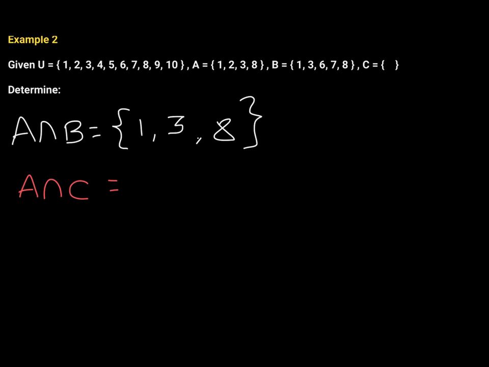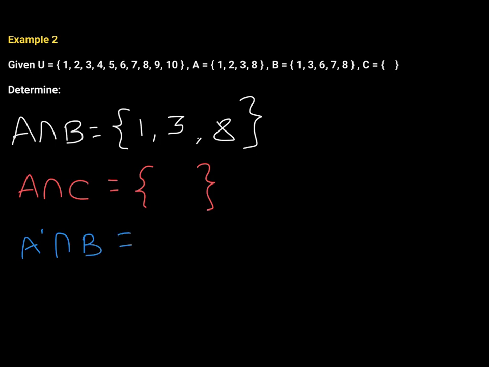And so the only thing sets A and C have in common is the empty set. In other words, there are no elements that are common to both sets because set C is the empty set.